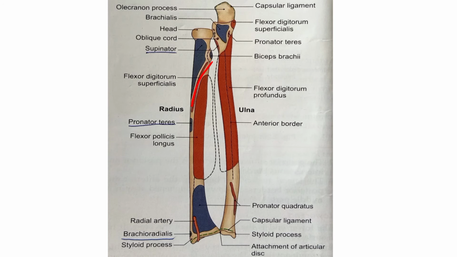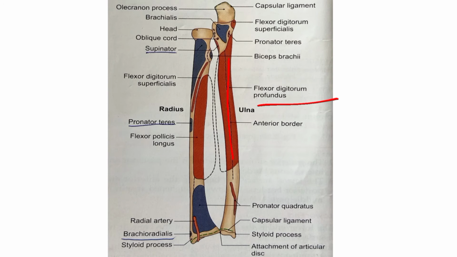As you can see here, this oblique muscle, flexor digitorum superficialis. Alright. Now pronator teres, it arises from the medial margin of the coronoid process. As you can see here, it's the medial margin of the coronoid process. Now flexor digitorum profundus.